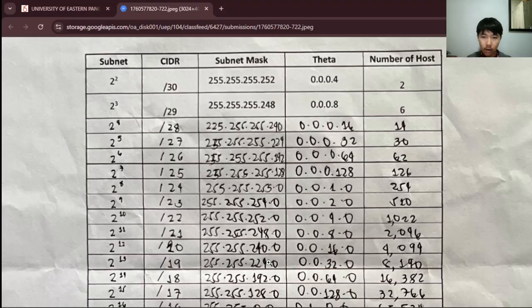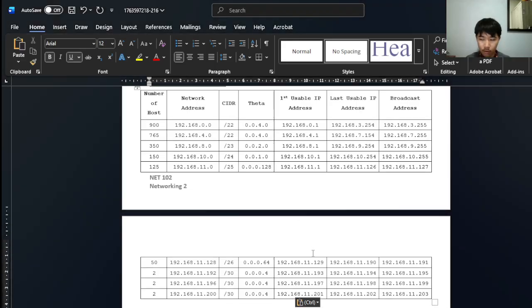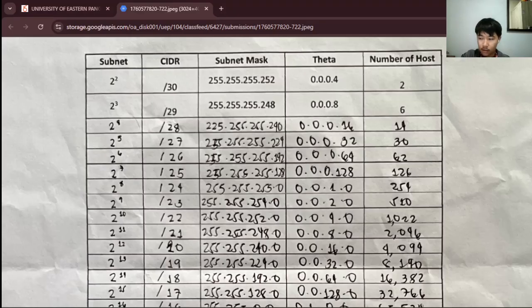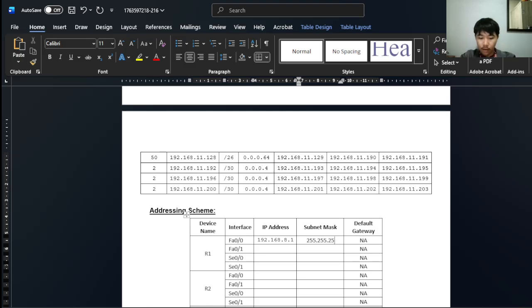So let's go back to our CIDR /23. The subnet mask is 255.255.254.0.